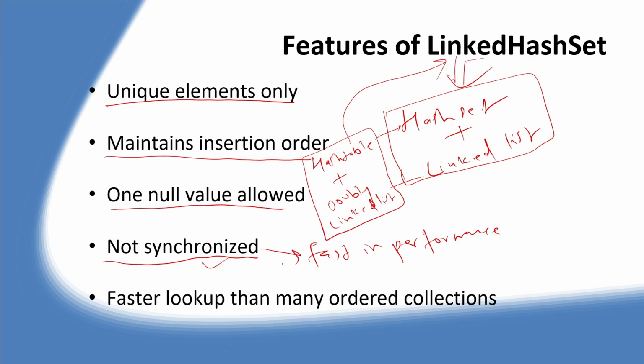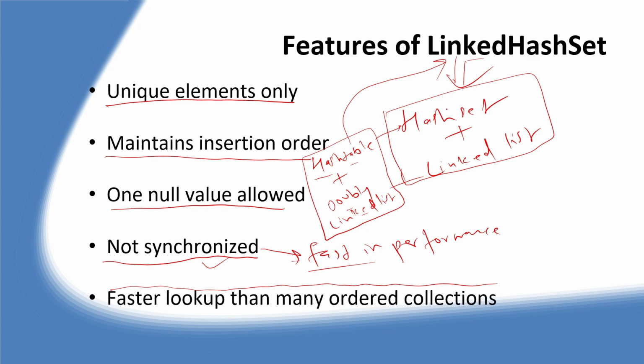But for now, remember that not synchronized means faster in performance, faster lookup than many ordered collections. So these are the features of linked hash set, and the important one is the internal data structure, how it uses it.